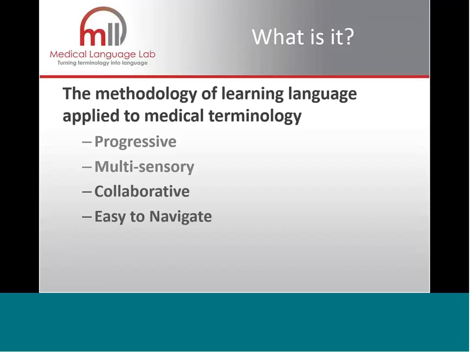And then it's, very importantly, easy to navigate. We've set it up to make it easy for the students to know exactly what their next assignment is, and also easy for you to get started with it, set up classes, and then, once you have your settings, continue with the same settings for each class.